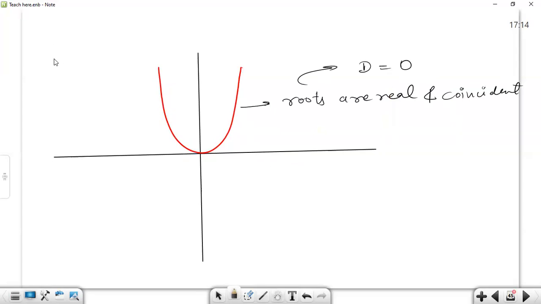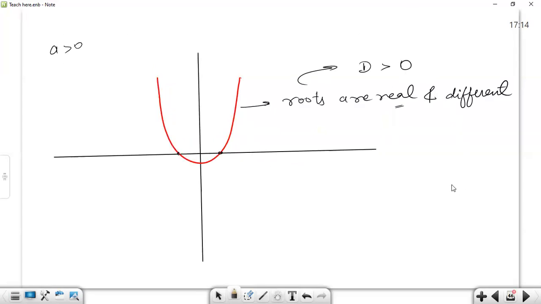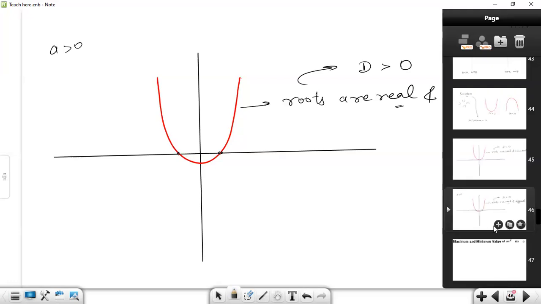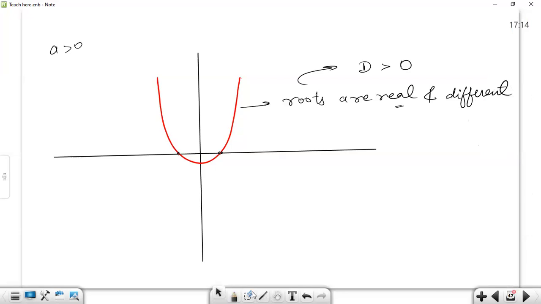One more case is left as we are discussing the discriminant. What if the discriminant becomes negative, less than 0? Then what will happen? If the discriminant is less than 0, then the roots will be imaginary. They will not exist as real roots.